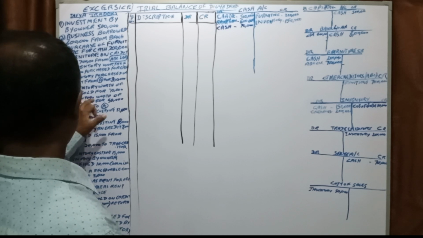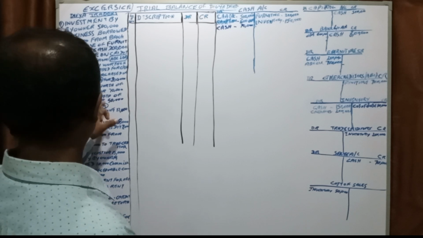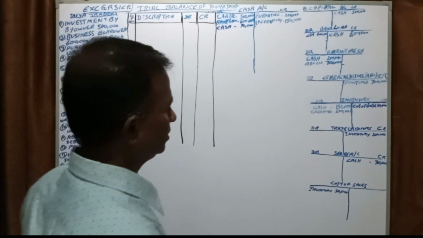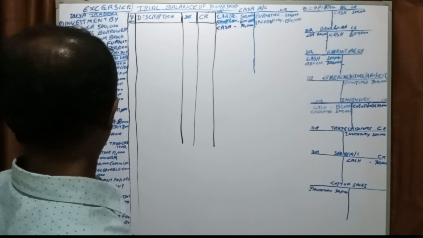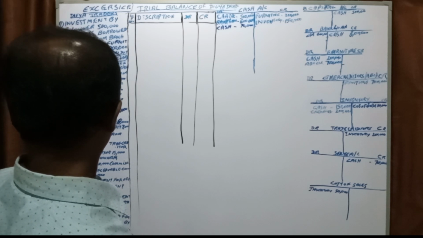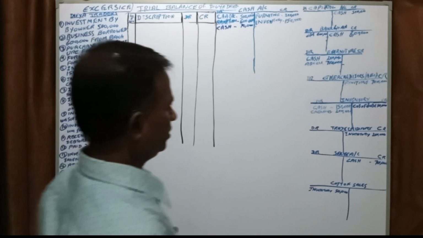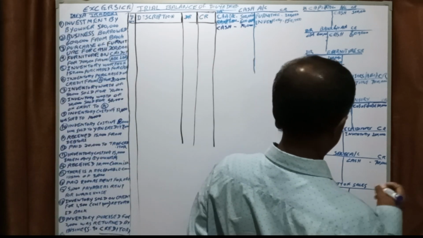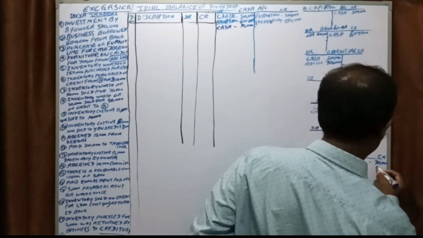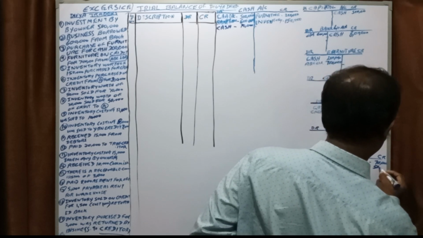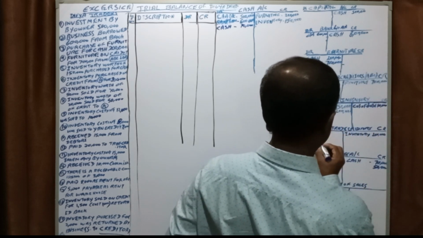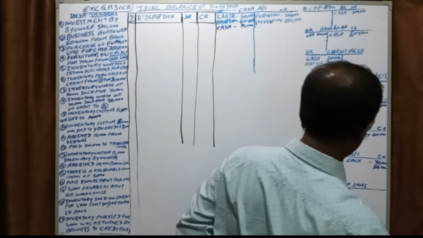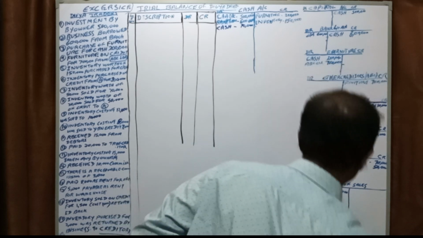And number 8, inventory worth of 30,000 sold for 50,000 on credit. Trade creditors, right? Okay, 50,000. Sales 50,000. Okay, trade creditors, trade debtors. Sorry, trade debtor.